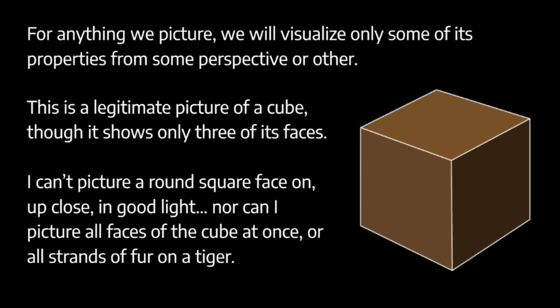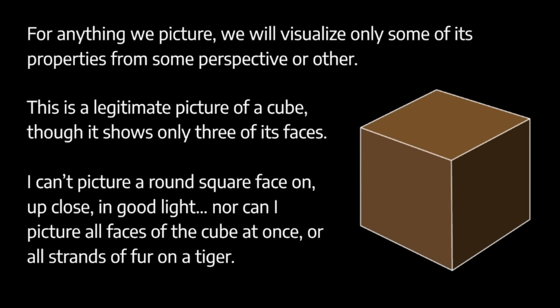So it's true that, of course, I can't picture what a round square would look like face on, up close, in good light, and so on. But we noted earlier that to conceive that P is to imagine a situation that verifies that P, and when imagining any situation, there are going to be multiple ways to imagine it, and multiple things that are left unimagined.